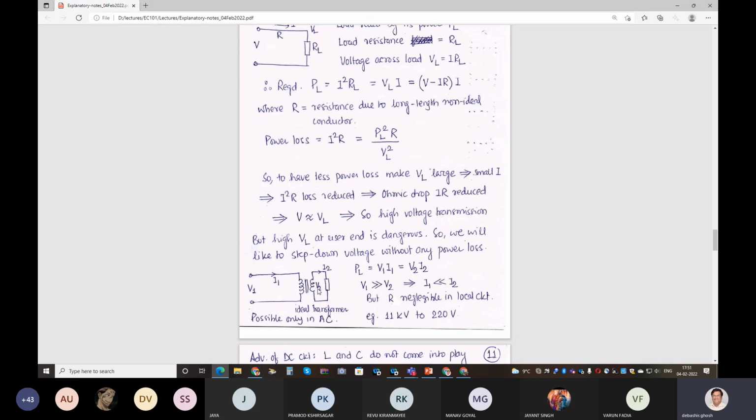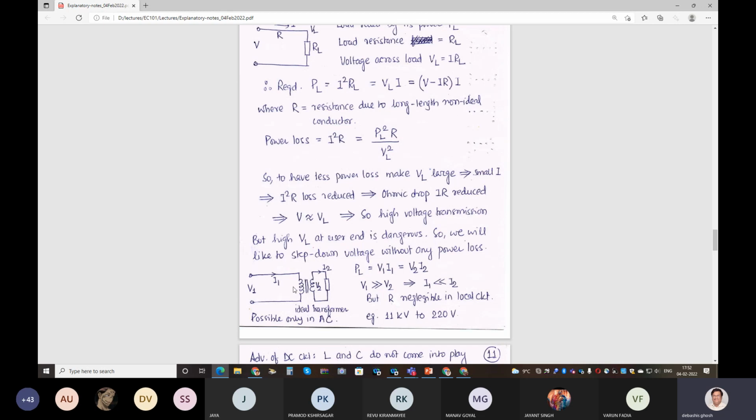The voltage can be stepped down, and that stepping down of the voltage will depend on the turns ratio. I don't know whether you have seen this transformer. There are some windings on this transformer, some conductor windings. So depending on the number of windings on this side and the number of windings on the other side, that voltage will be stepped down.